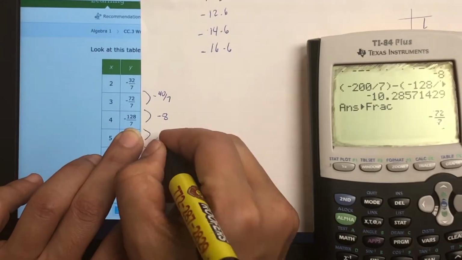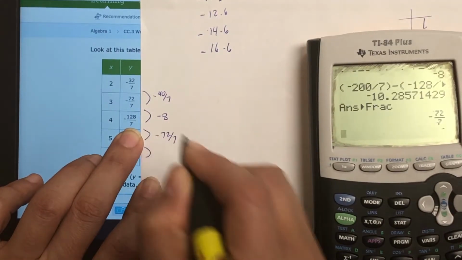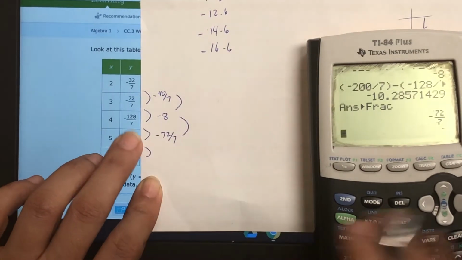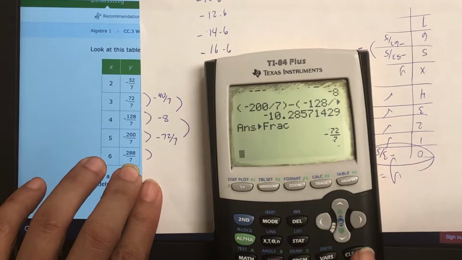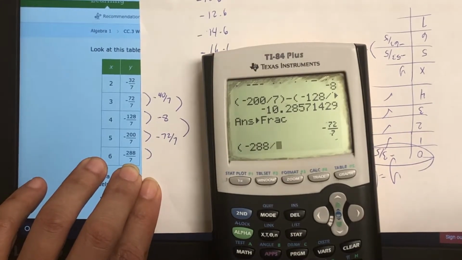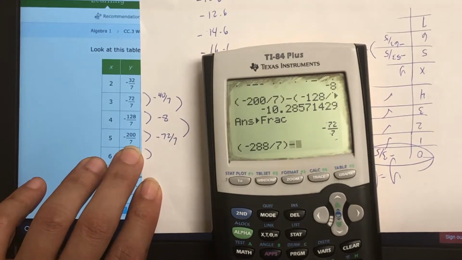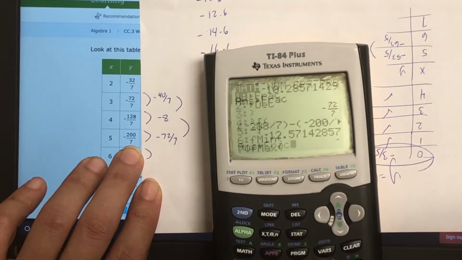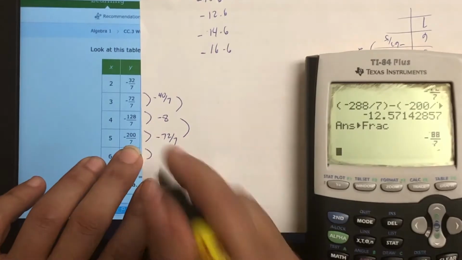Negative 72 over 7. Okay, check the second differences. I'm going to do one more actually. So I'm on this one, right? So open fractions in parentheses, minus this one in parentheses. Math, enter, enter. Negative 88 over 7.